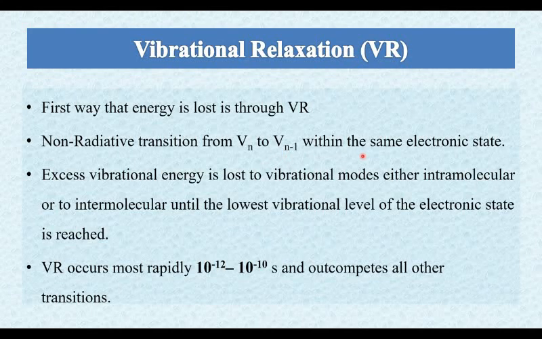It can be in S1 or S2 or S3. Excess vibrational energy is lost to the vibrational modes, either intramolecular or intermolecular, and it keeps on losing its energy through vibrational relaxation until it gets to the lowest vibrational level of the electronic state. It is very rapid, and the time it takes to complete is 10 to the minus 12 to 10 to the minus 10 seconds.